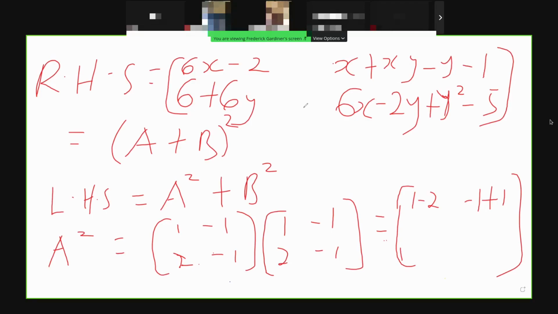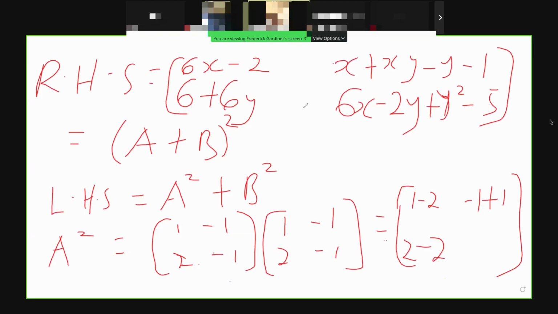Then second row takes on first column of the second matrix. 2 multiplies 1, we get 2, plus -1 multiplying 2, that would be -2. So technically it's going to be 2 minus 2.